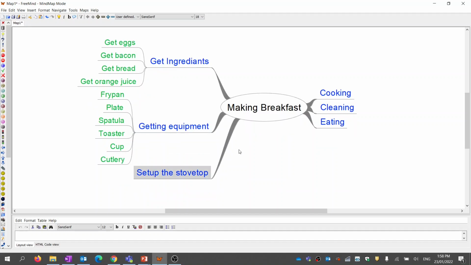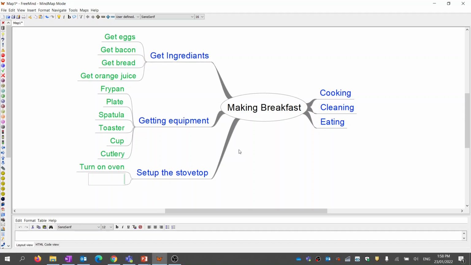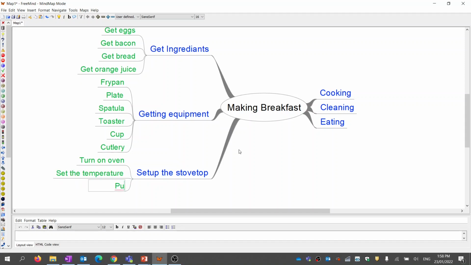Then I've got to set up the stovetop, so that's going to involve turning on the oven, setting the temperature, and I probably need to put the fry pan on. Okay, so that's the process of setting up the stovetop. And then the cooking, well, that's another process I can do individually.